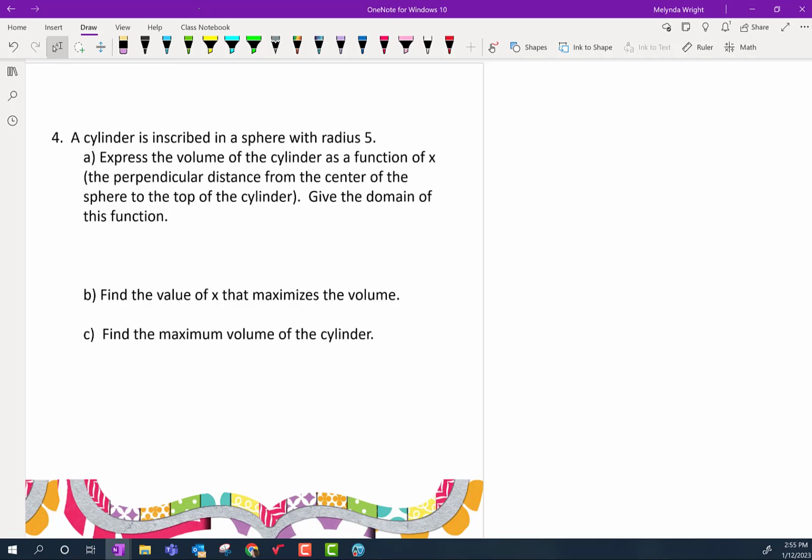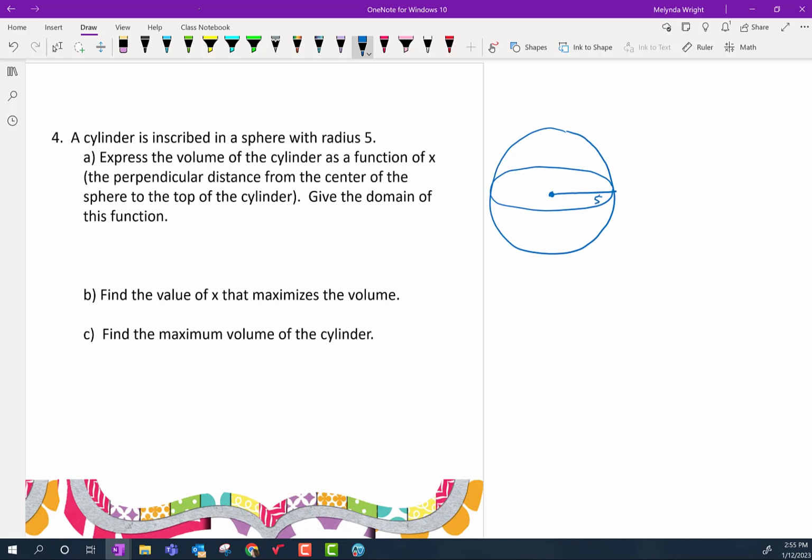So when I draw a sphere, I usually draw a circle with this little thing in the middle, because we're trying to draw in 3 dimensions. That's kind of my sphere. That's my go-to sphere. The sphere has a radius of 5, so I'm going to go ahead and just mark that. So that radius is 5.